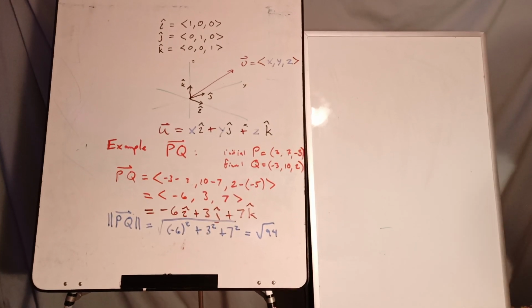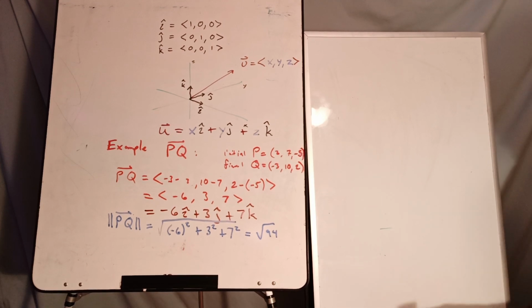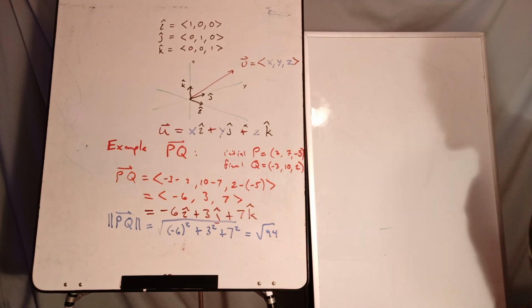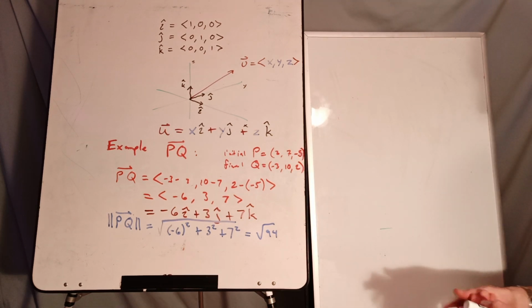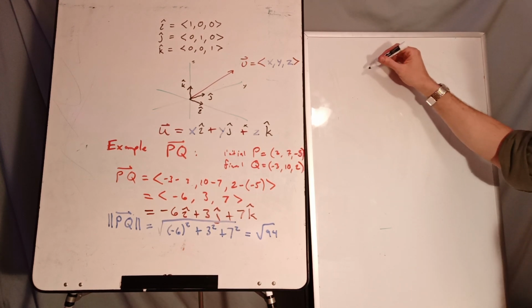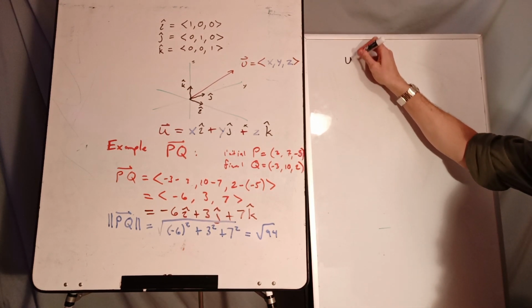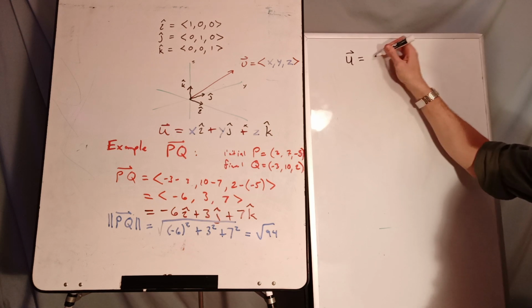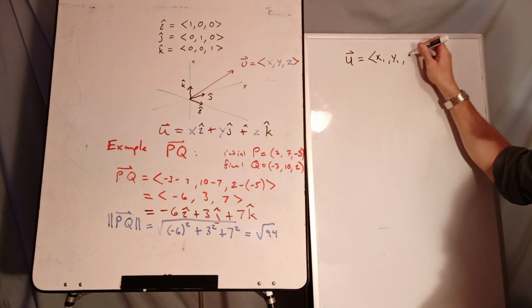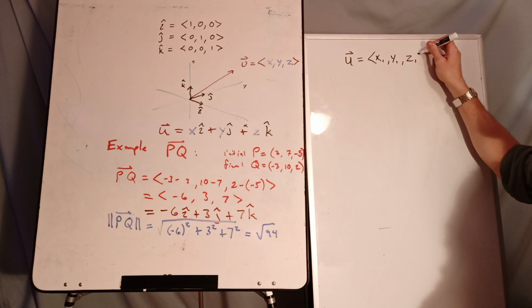So next, we are going to take a look at the dot product. The dot product is described the same way as it was before, in the sense that we're going to be looking at a sum of the products of the components. So let's define u as x1, y1, z1.